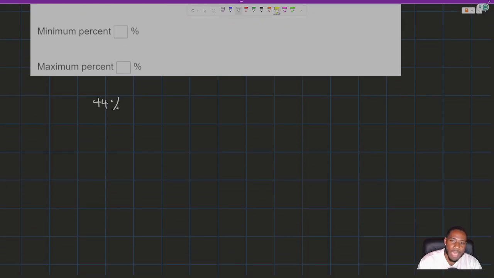And because we know this is absolute value, we're going to end up with two solutions for X. So X equals percent opposed, least and greatest.